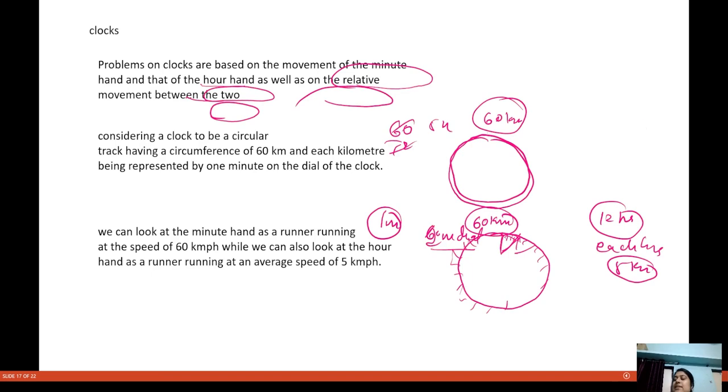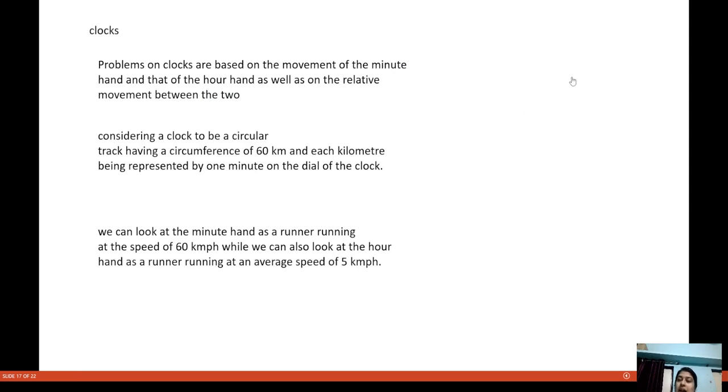So each minute denotes 1 kilometer and each hour denotes 5 kilometers.